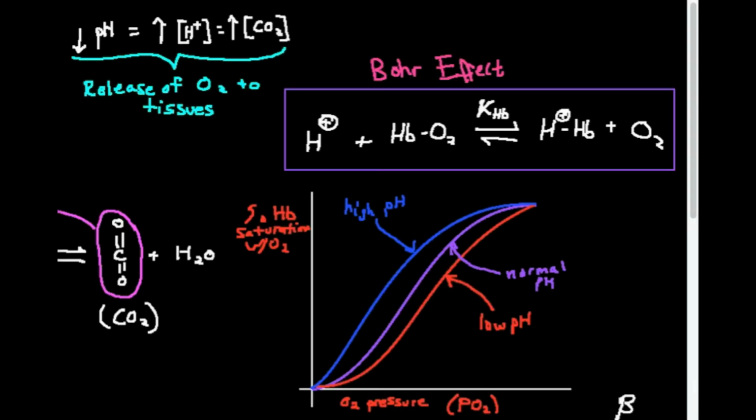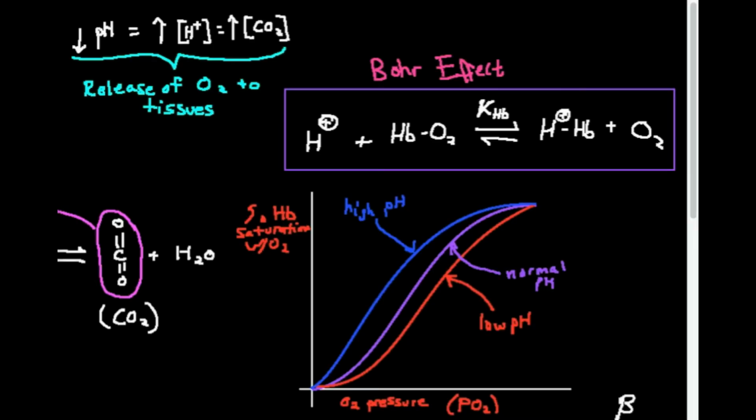When these three dependent conditions are met, there's a tendency for the release of oxygen from hemoglobin to the tissues. The opposite is also true. If I have high pH and low hydrogen ion concentration and low CO2, that tends to favor binding of oxygen.